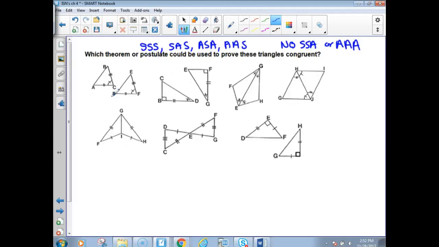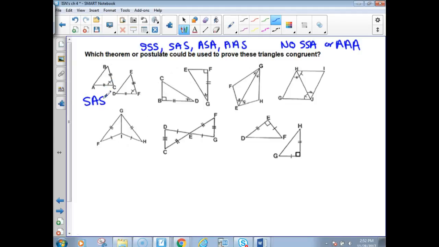So let's go on to what we can do. In this diagram, I hope you're seeing that AC is a side that corresponds to DF. BC is a side that corresponds to EF, and then there's an angle, C and F, between the sides that match each other in markings. So this would be SAS, correct.